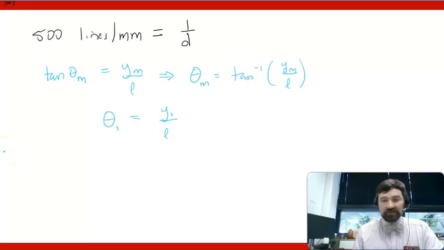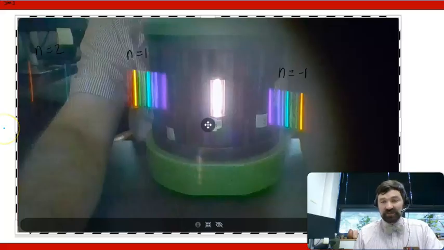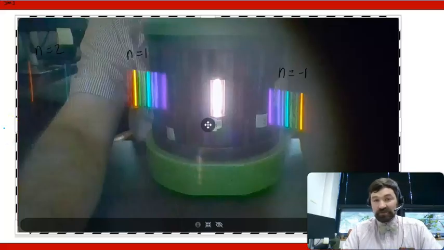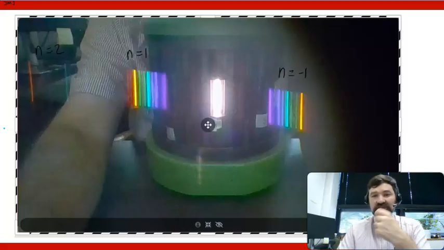Now, the experiment that I've done here is a little bit flawed. This isn't really an experiment. It was just kind of a demo so that you can see the lines, because I don't really know what the scaling is on the computer.